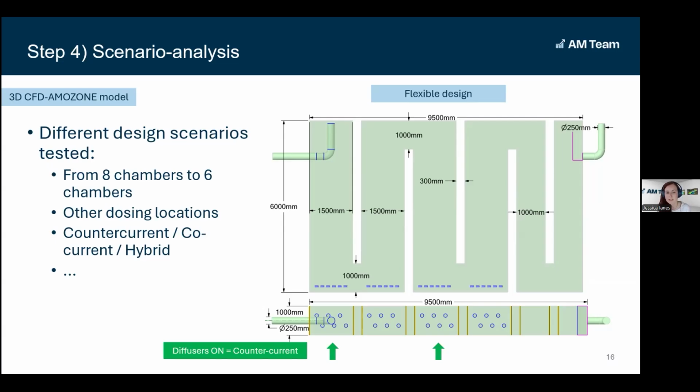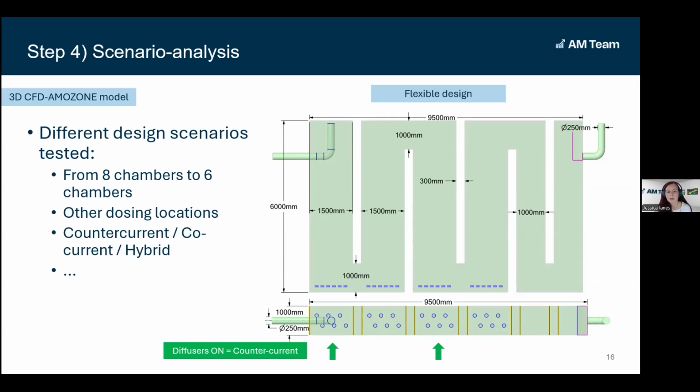This is the design typically in place from previous reactors, where the flow of water is in a counter current direction compared to the gas flow. So the water flows down in the first chamber while the air flows towards the top. And this is the counter current in which only the diffusers in chamber 1 and chamber 3 are active.